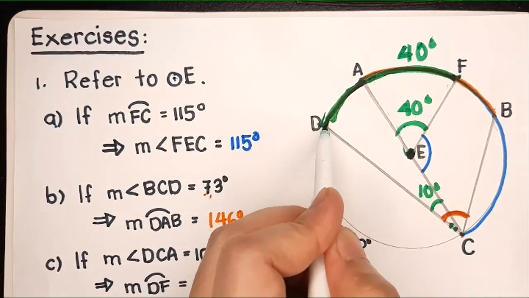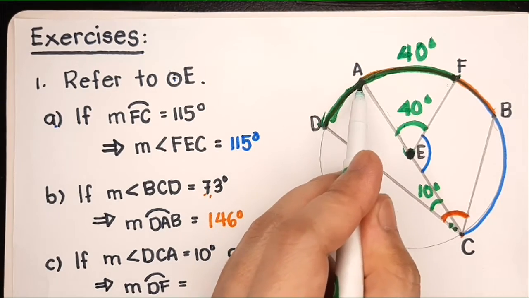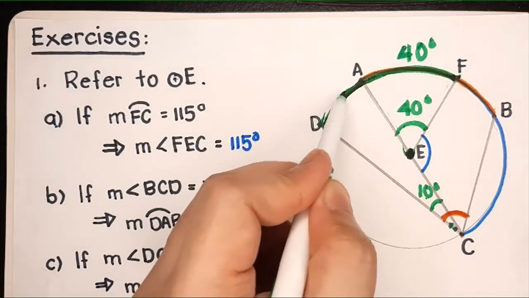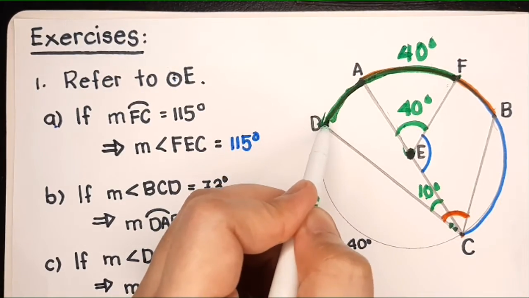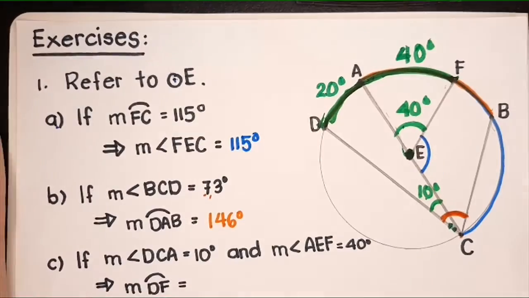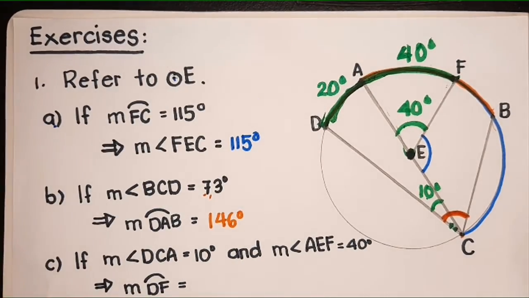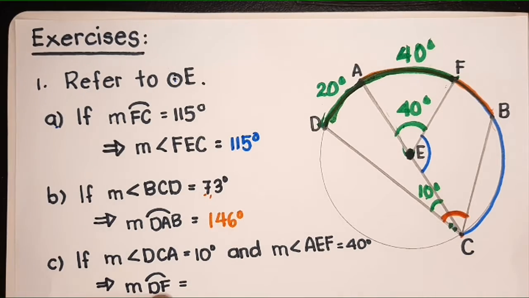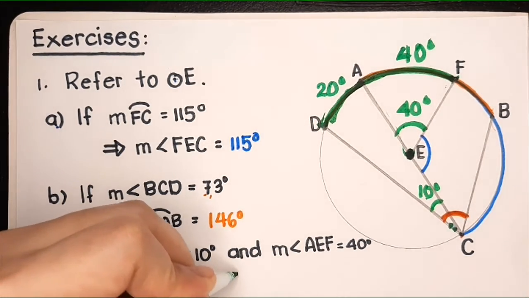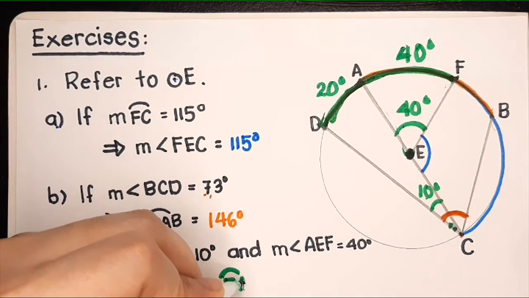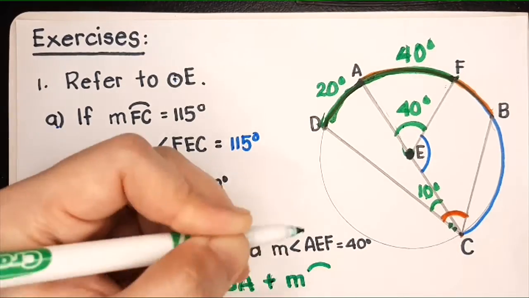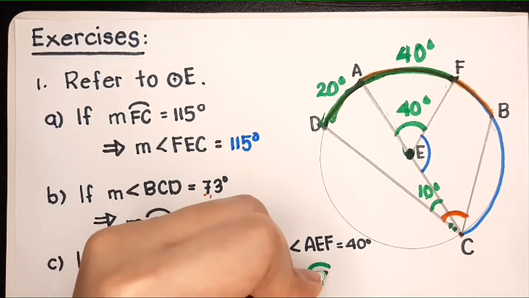What about the arc DA? If the inscribed angle is 10 degrees, the intercepted arc is equal to times 2 of that. So, 20 degrees. So, therefore, the measure of arc DF is equal to the measure of arc DA plus the measure of arc AF.